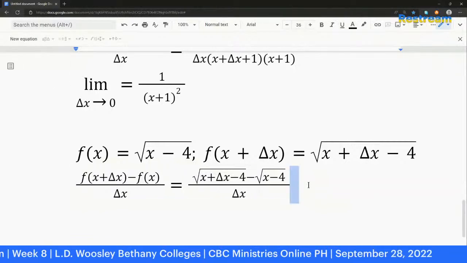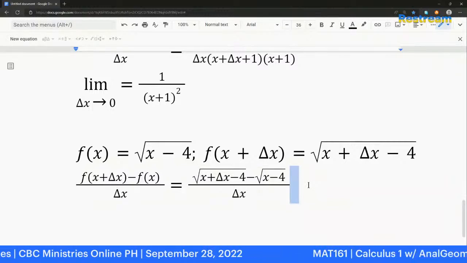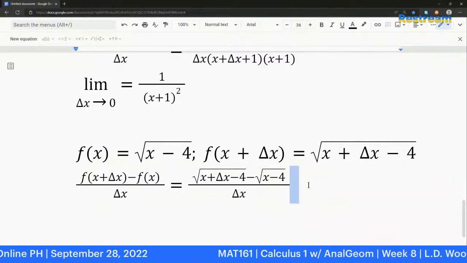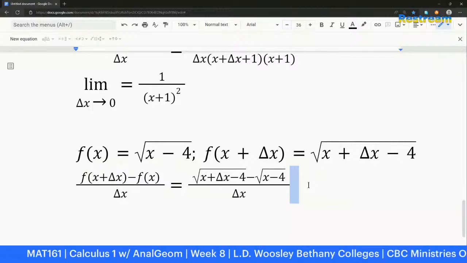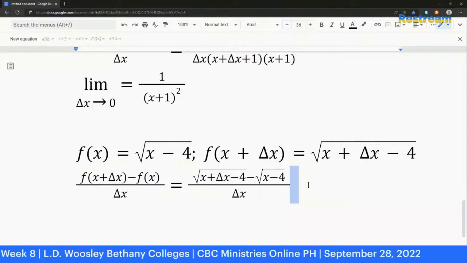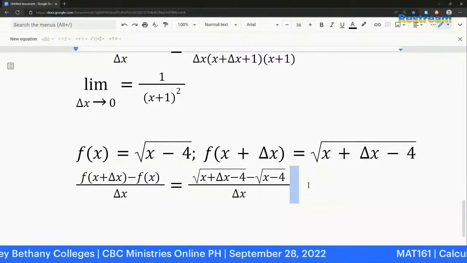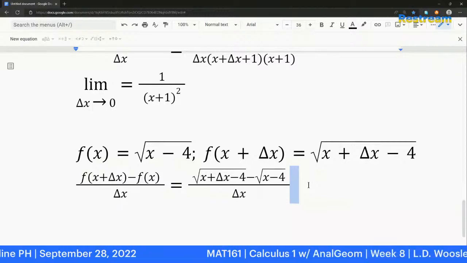Ganyan niya guys, ganito na yan. Simplify nyo na lang. Ang gagawin nyo, instead of rationalizing denominator, you will rationalize the numerator. Right? Okay, so ganito. As a matter of review, I will allow you to Google how to rationalize. So what you're gonna do is to find for the conjugate of the radical.